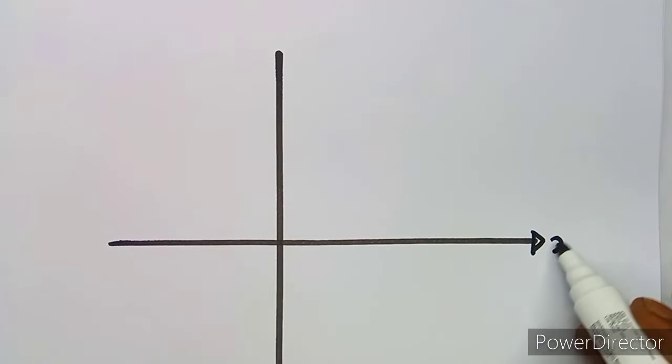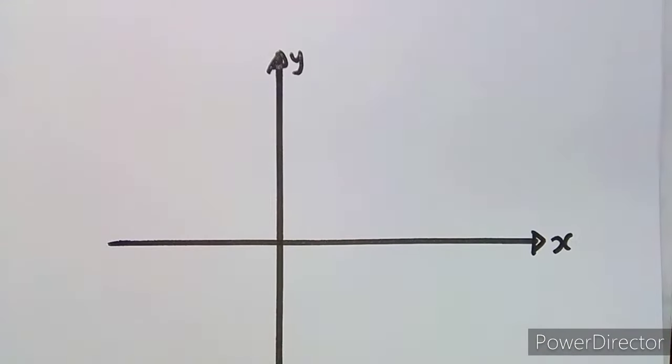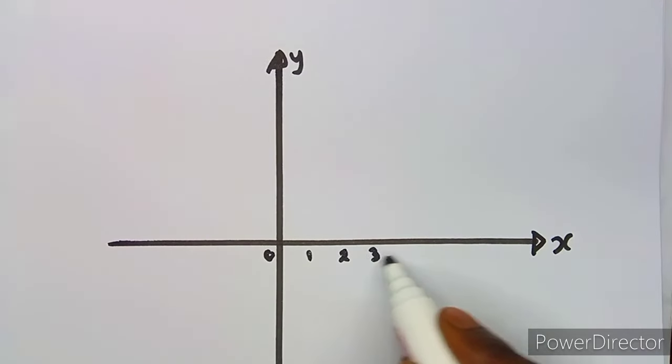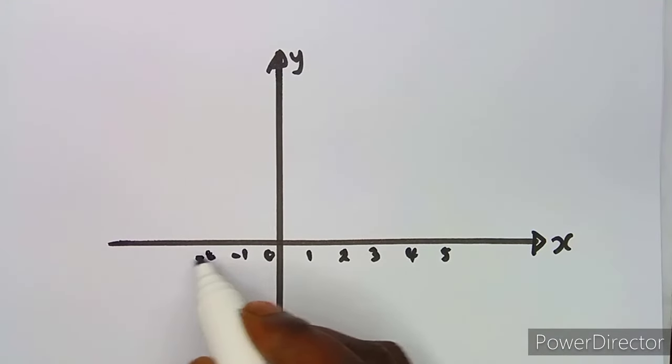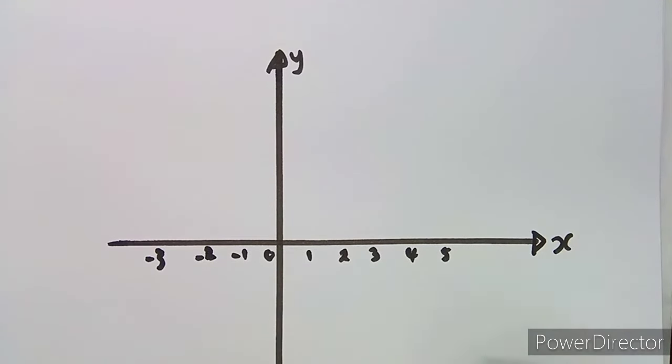This is your Cartesian plane. You've got x, you've got y like this. Okay, so you're just going to name your points. Let's just say that's 0 here. 1, 2, 3, 4, 5. Okay, -1, -2, -3. Remember this part, we talked about it when we're dealing with a straight line.